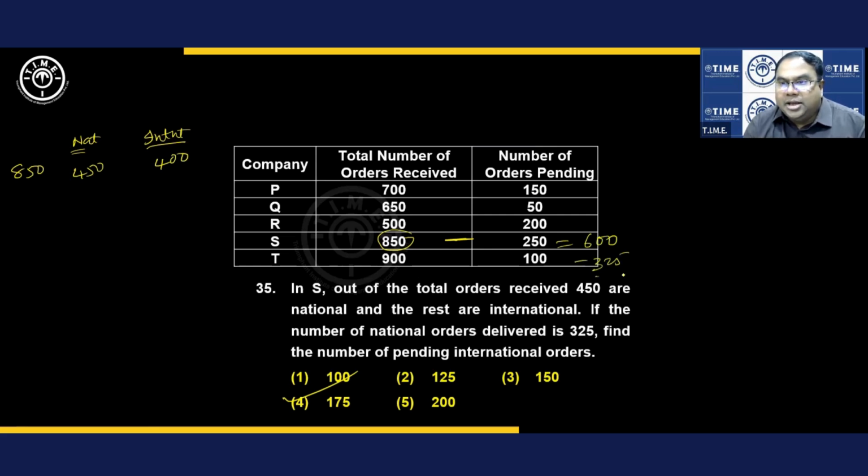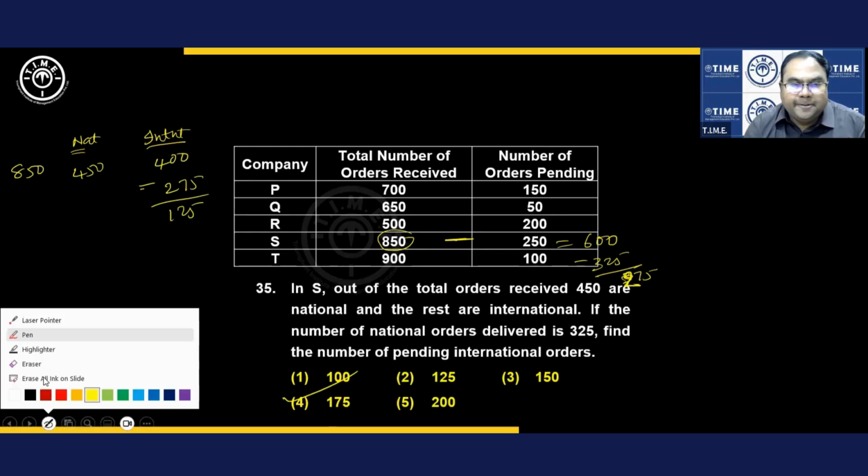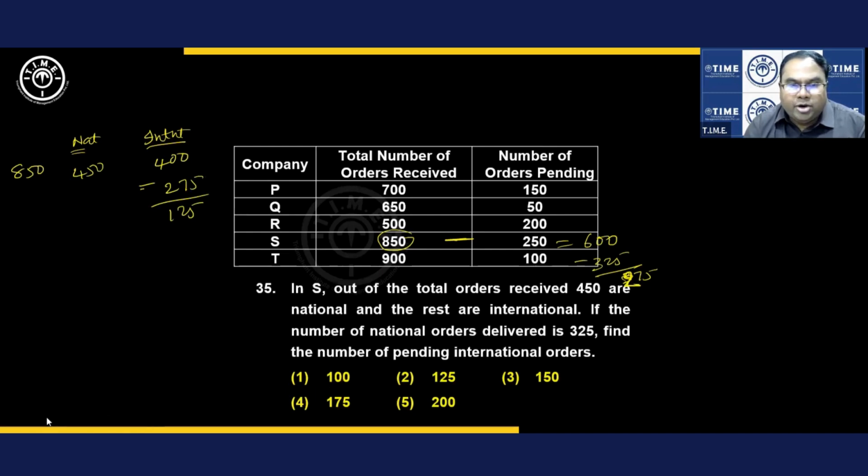So obviously, international deliveries are 275. Not delivered are 125. 125 is present in choice 2.